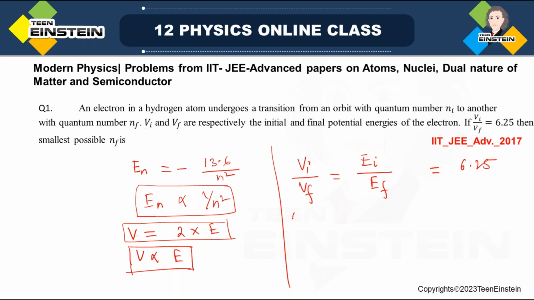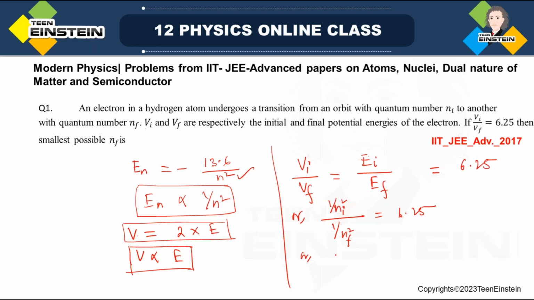Now we'll write in terms of this Ei and Ef. So this is 1 over Ni square divided by 1 over Nf square is equal to 6.25, right?